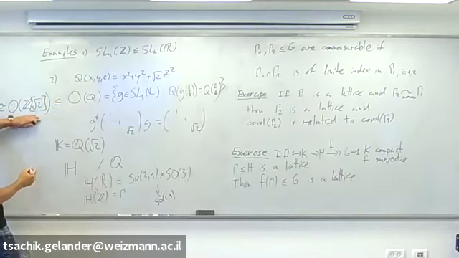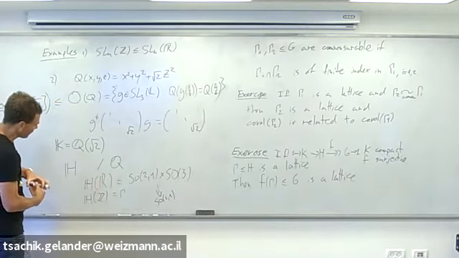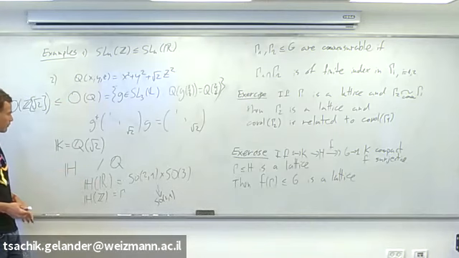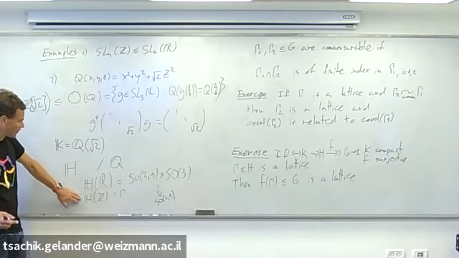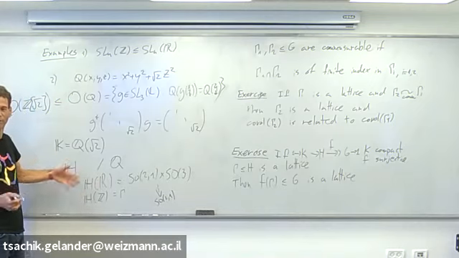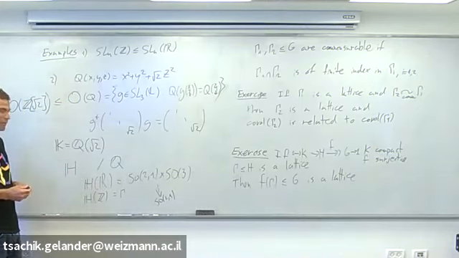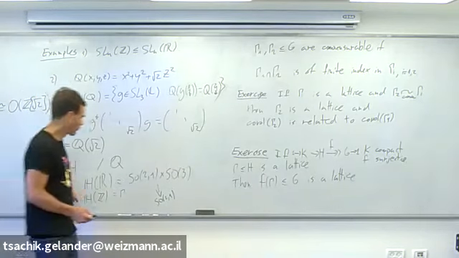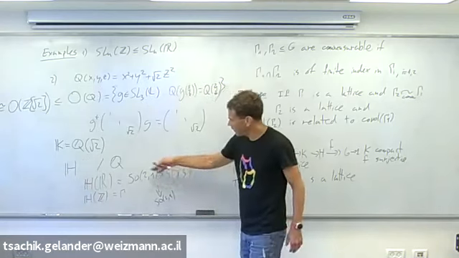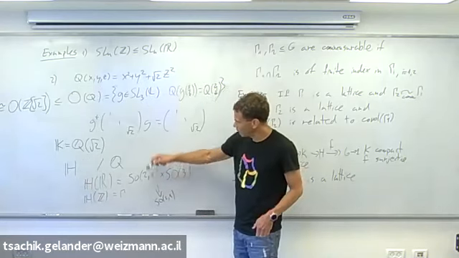It is just this group, but when you view it inside H, with respect to a procedure that is called restriction of scalars, then gamma will be the integer points, the intersection of H with SL_n(Z) with respect to some embedding. So gamma will be H(Z).